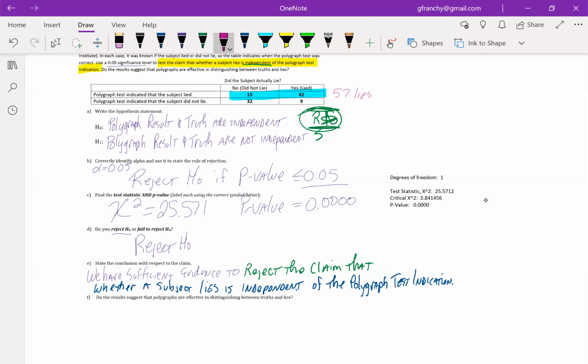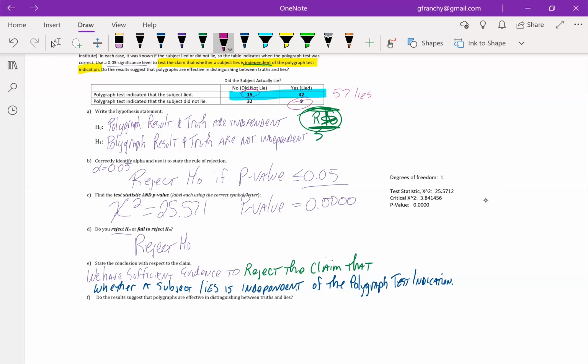There's too many false positives and false negatives happening here, and that's one of the reasons that polygraphs aren't admissible evidence in court. Overall, they're pretty good at this, but they're far from perfect, and it would have to be a lot closer to perfect in order for these things to do that.